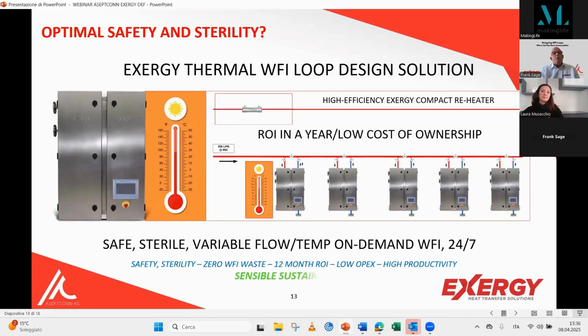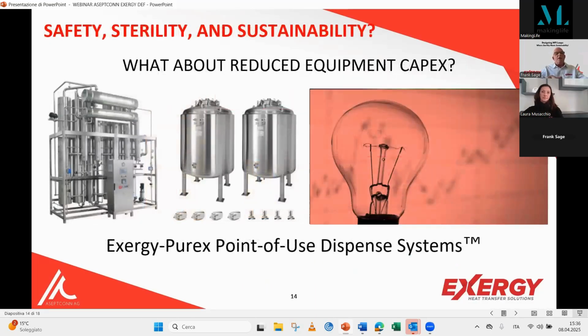And here we're able to then say to our customers that this really is what we term to be sensible sustainability. We need energy to manufacture our goods. We need energy to do all of the things that we need to do in production and manufacturing.